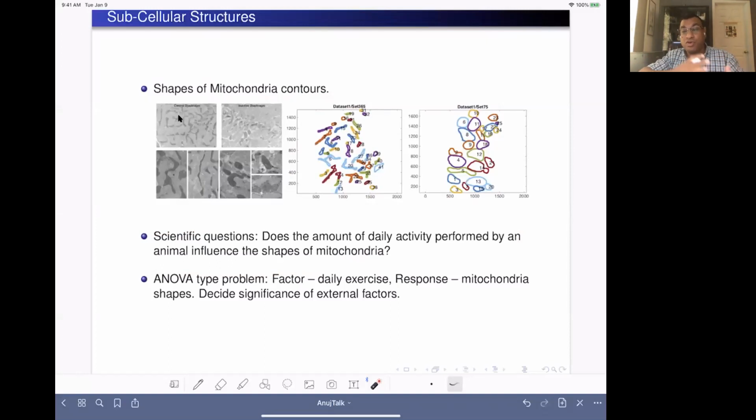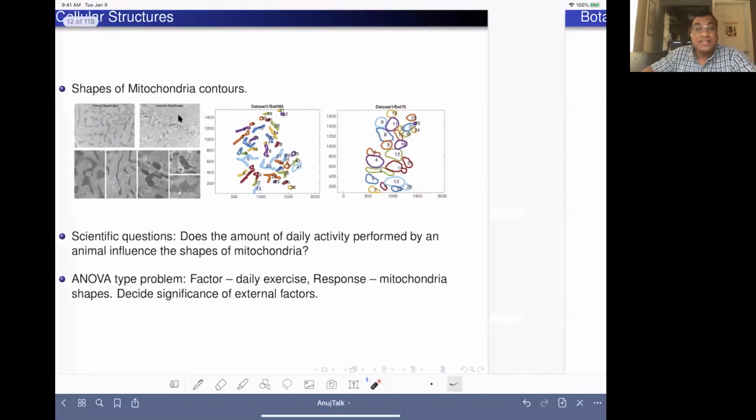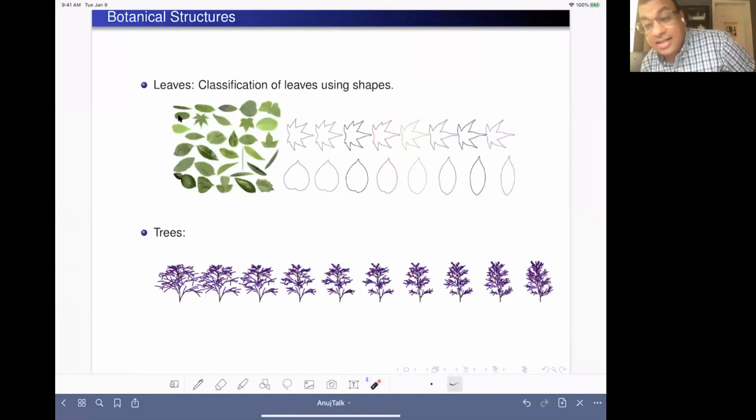The other set was forced to be active, doing some running every day, a certain number of hours. Does this change in lifestyle make a difference in the subcellular structures in their body? One of the most important subcellular structures for exercising and generating energy is the mitochondria, the powerhouse of a cell. This was a very interesting problem somebody posed to us, and it's very exciting research to show that they are statistically significantly different between the two sets.